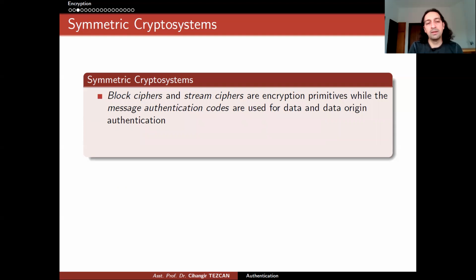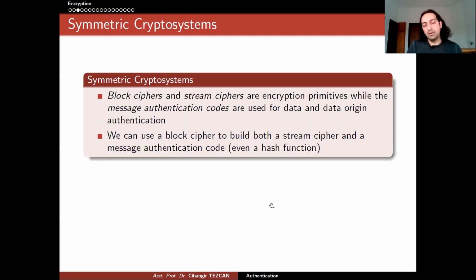Sometimes people think of message authentication codes as hash functions which use a key. But all of these topics are not completely different, because we can use a block cipher to build a stream cipher, a message authentication code or a hash function.